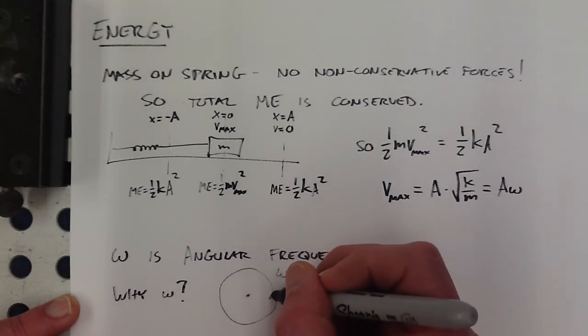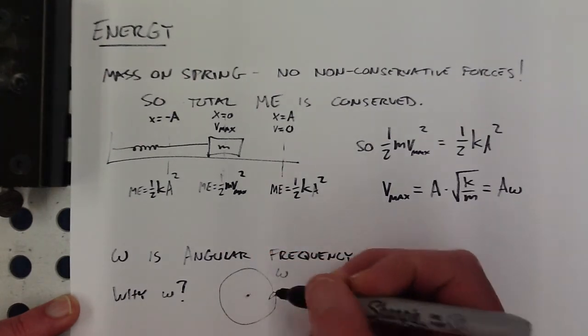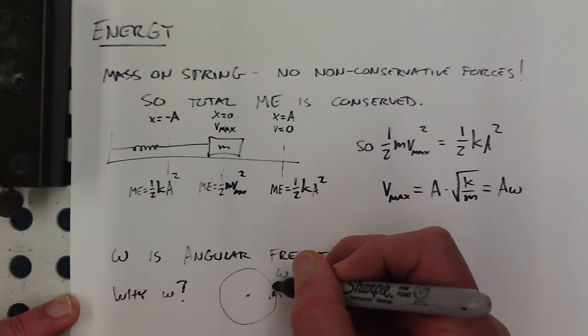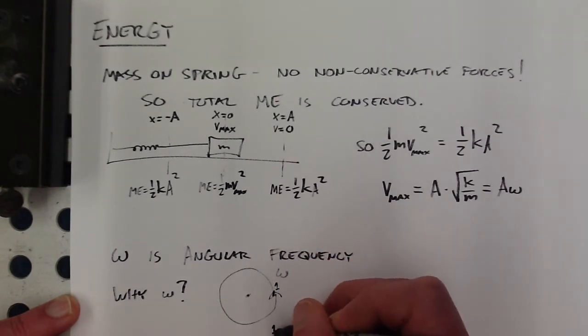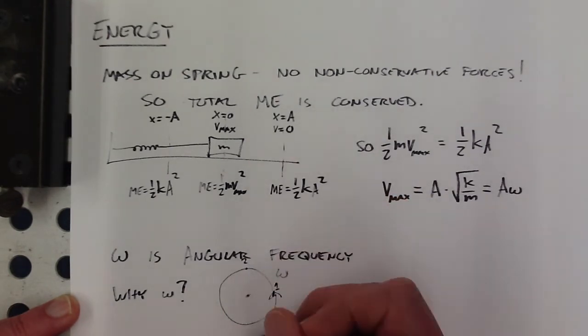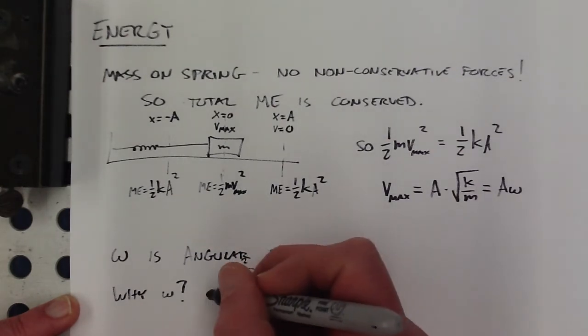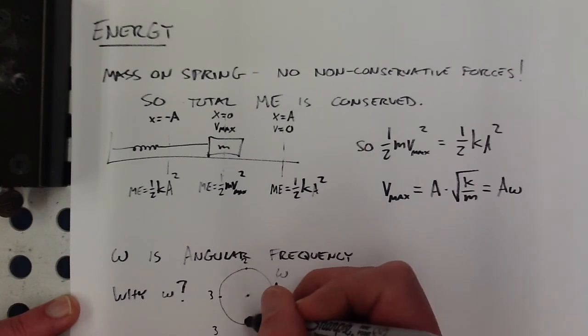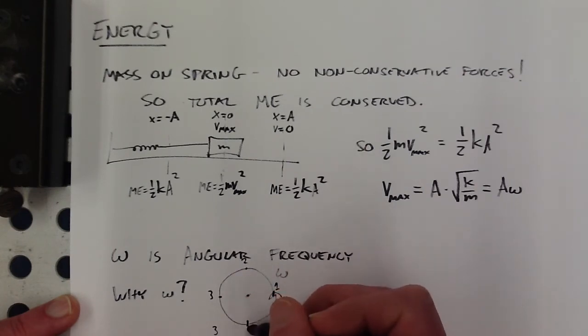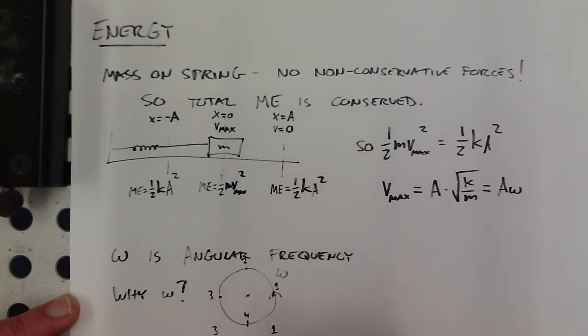So if you only cared about the x coordinate of that, then when this was here at position 1, and then here at position 2, and then here at position 3, I don't care about the up-down part of this motion. I just care about the sideways part of it here.